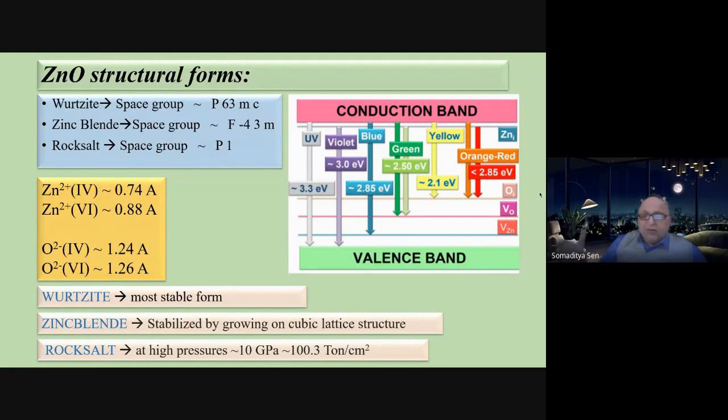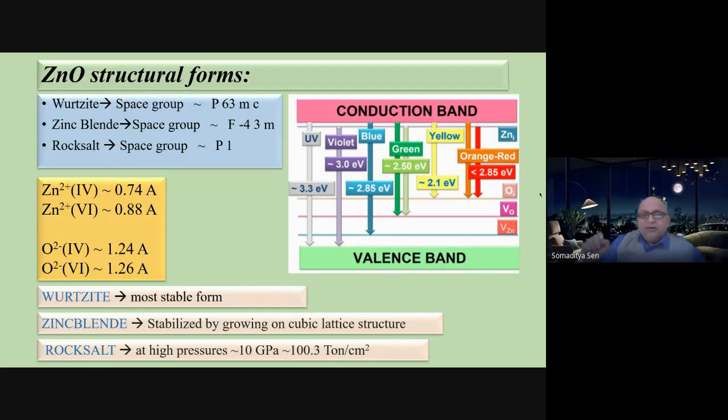It's like a cube. You imagine a cube and put sodium and chlorine atoms alternately on all the corners, and you get a sodium chloride structure. The same structure, I'll show you later, is the rock salt structure. Okay. So by pressurizing the wurtzite structure, you can lead to a rock salt structure.